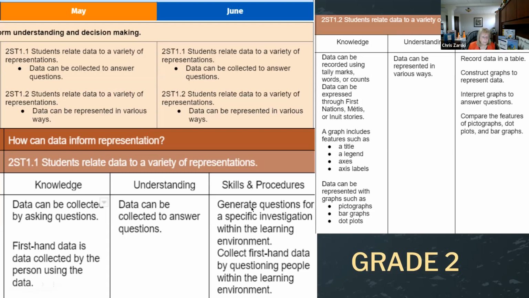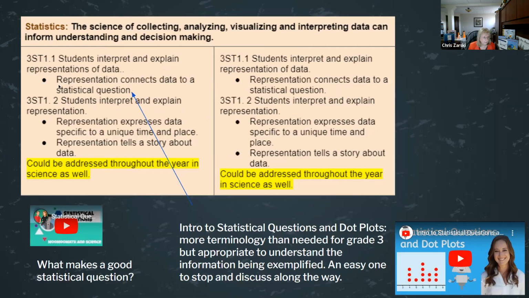So when I'm looking at, this is your grade 2 summary here, so I won't go through that one again. But when I'm looking at this, where it says representation, connect data to statistical question. One of the things that I have been doing in grade 1 and grade 2 is saying, are we as teachers all on the same page when it comes to statistical questions?